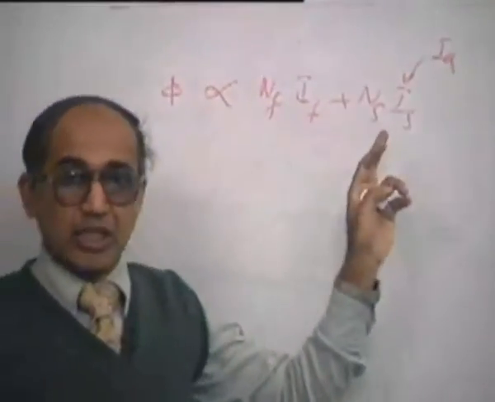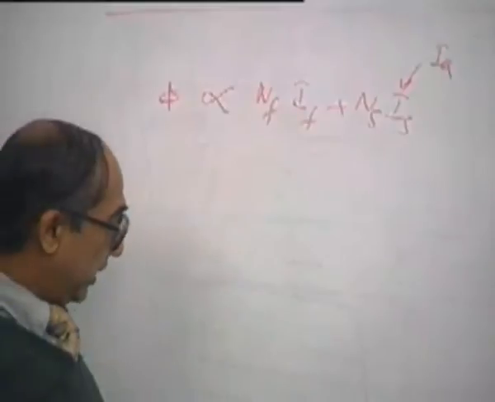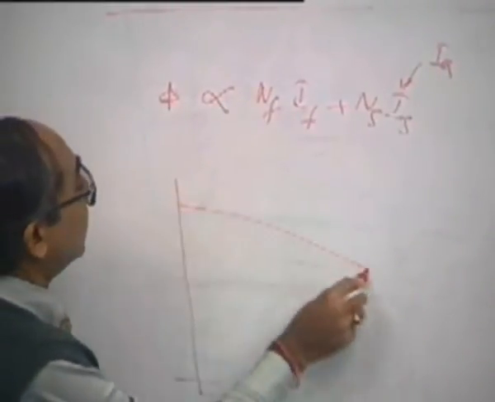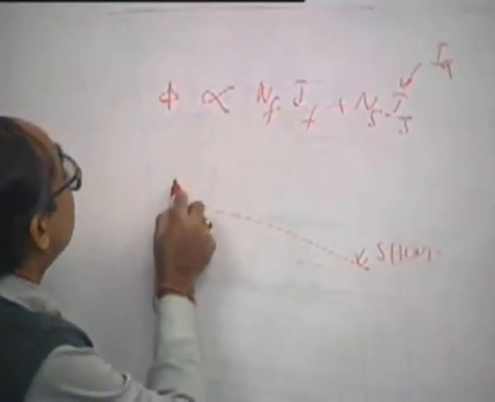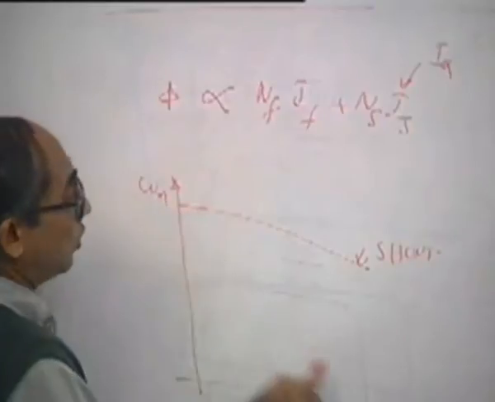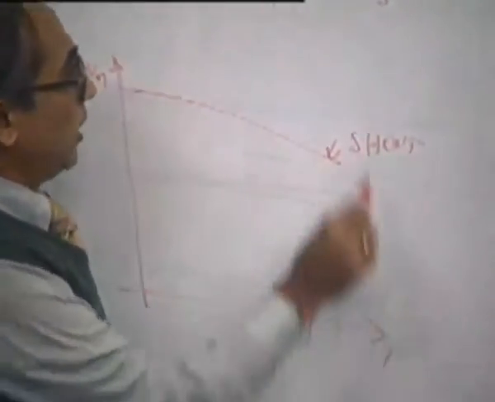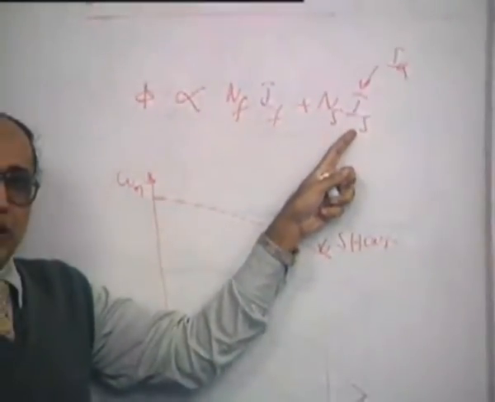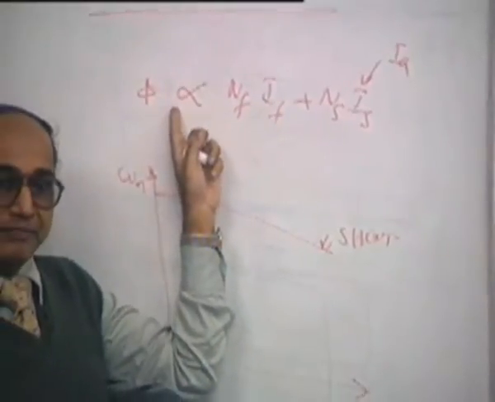So as you increase the load, if it were a series characteristic like this, if it was a shunt characteristic like this, that is the speed versus torque, you will notice as you increase the load, the current in the series field is going to increase, and that is going to increase the flux.